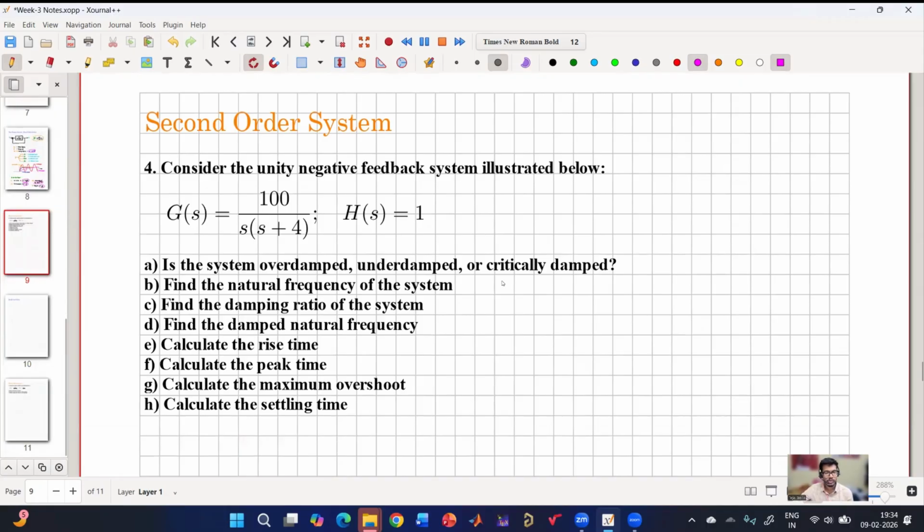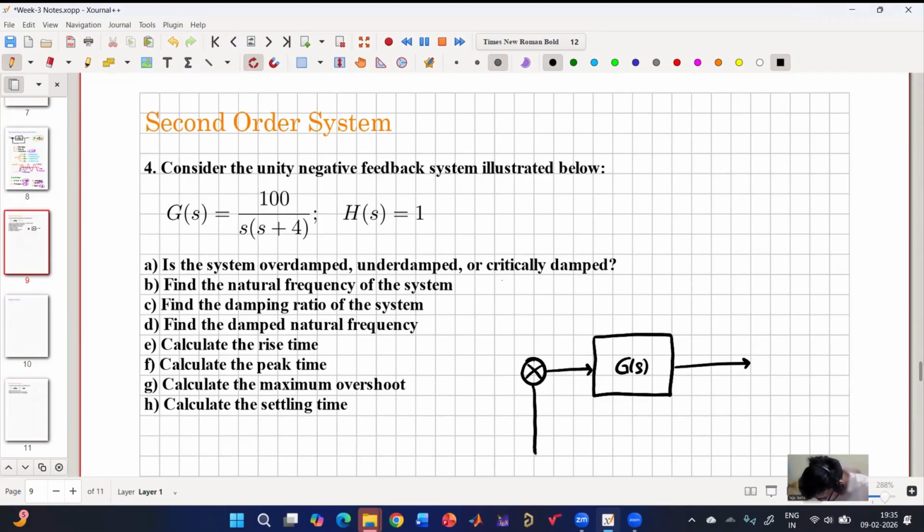So let us solve one problem quickly. Consider a unity negative feedback system illustrated below. So G of s is given, H of s is also given. So let us quickly draw the circuit, how it looks like. So this is my G of s. And this is my H of s.